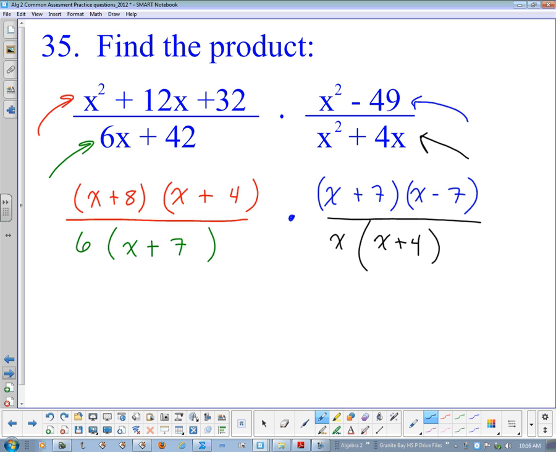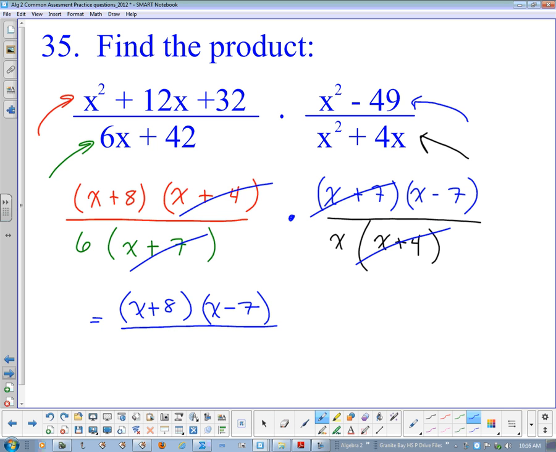Now to cancel: x plus 4, x plus 4, x plus 7, x plus 7. You see anything else? I don't. We end up with x plus 8 times x minus 7, all divided by 6 times x.